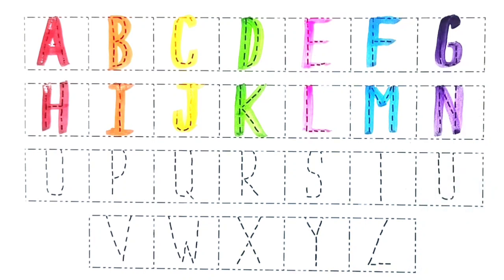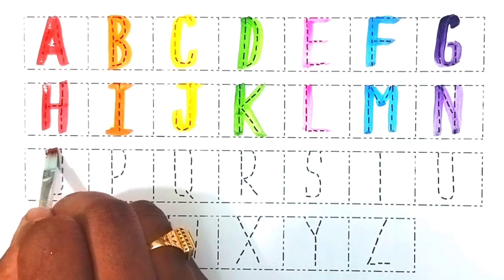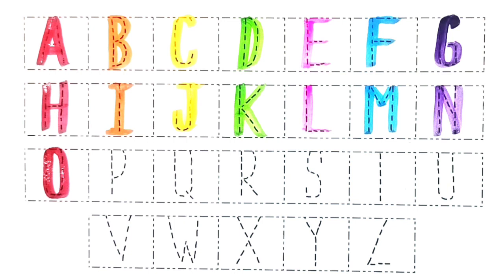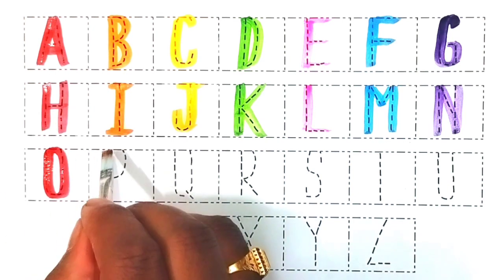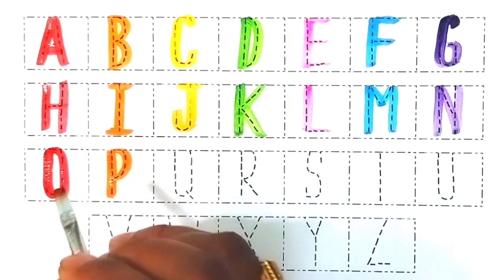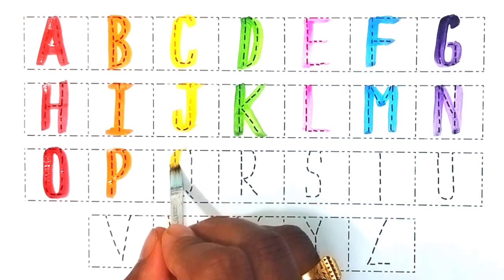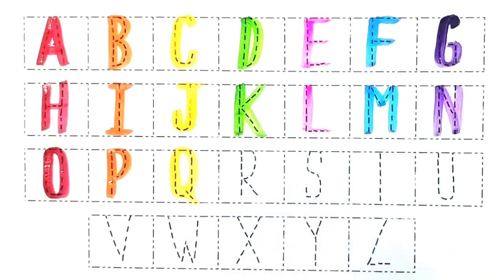N for nail. O for octopus. P for parrot. Q for queen.